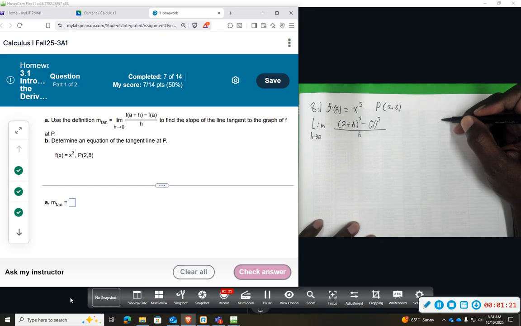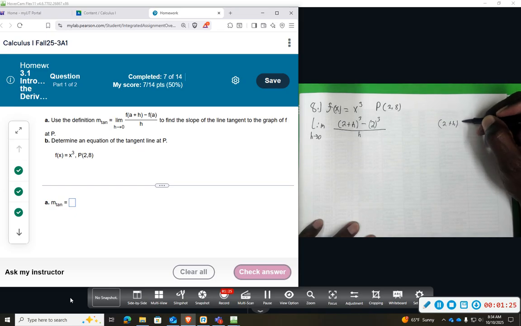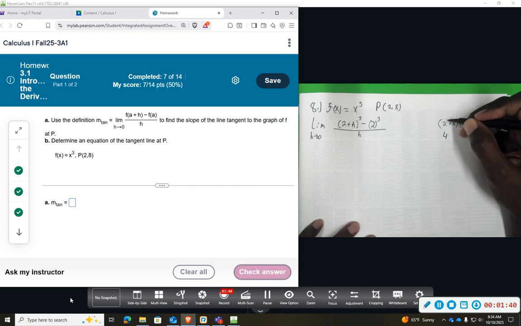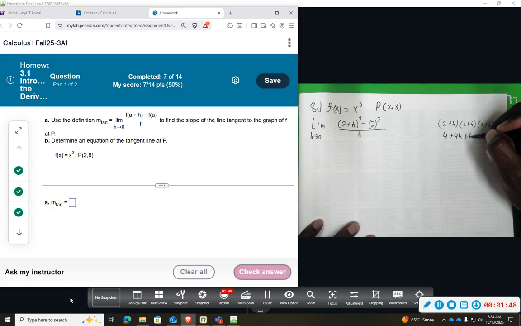So it's 2 plus h times 2 plus h times 2 plus h. Two of them are squared, so if we use the square formula, we square the first term, 2 times 2 is 4, and then 2 times h, you double it, and you get plus 4h, and then plus h squared.